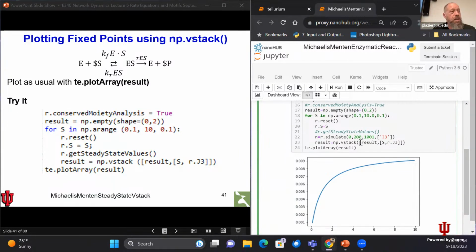Patty says she has a syntax error in the VStack where it says the number of arguments is not right. That usually means that some of your brackets are the wrong kind. You have one regular bracket and two square brackets.